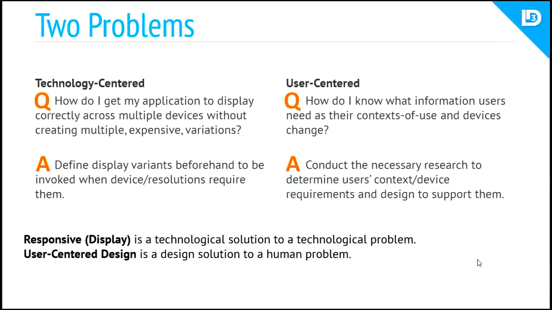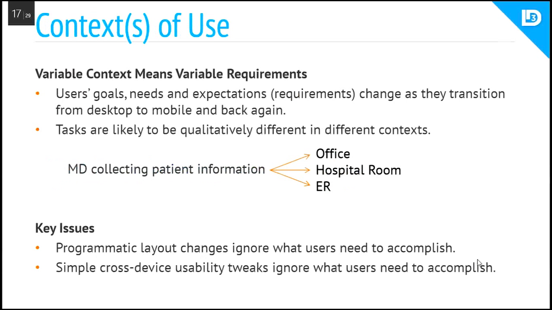So, to sum this up, responsive display, if you will, is a technological solution to a technological problem. User-centered design is a design solution to a human problem, and these two things have to be considered in tandem in order for either one to be workable in today's world. What does that mean then?